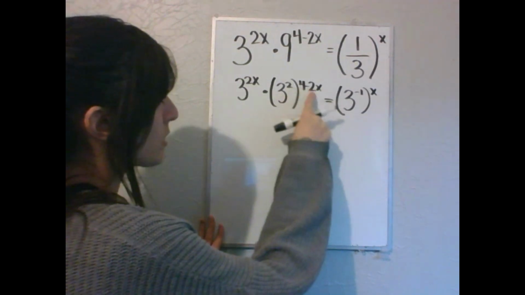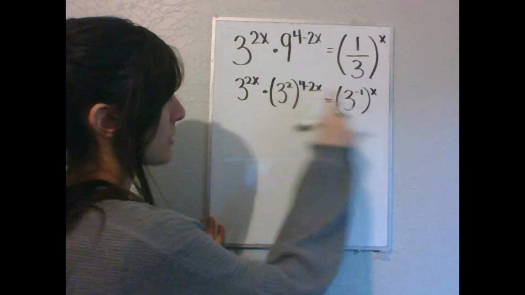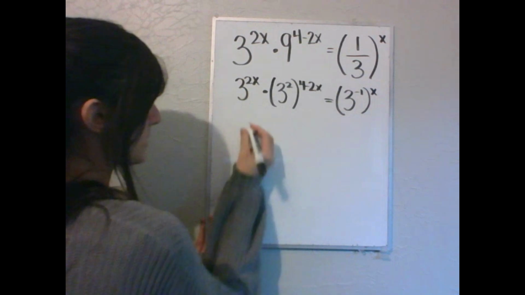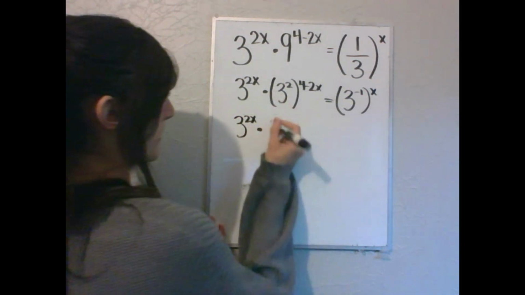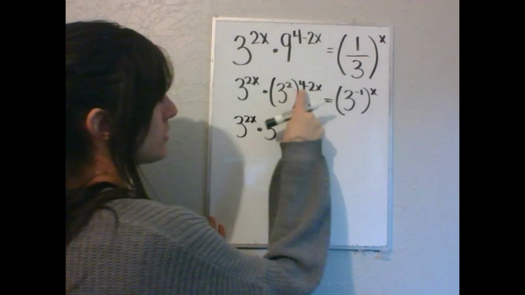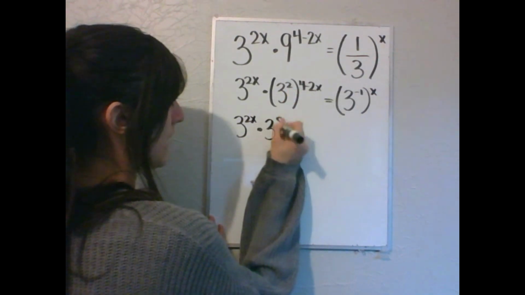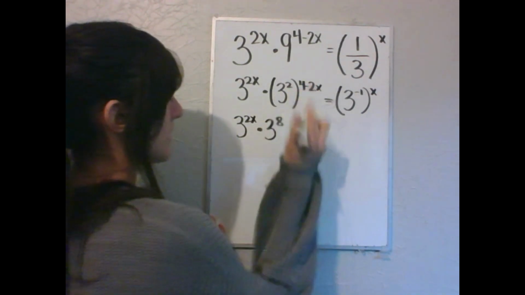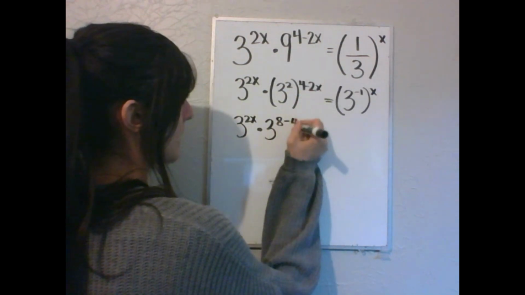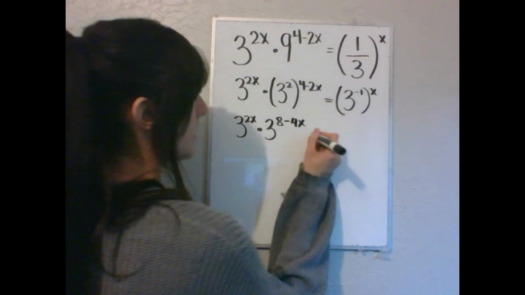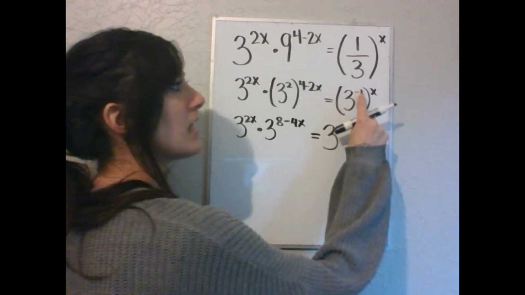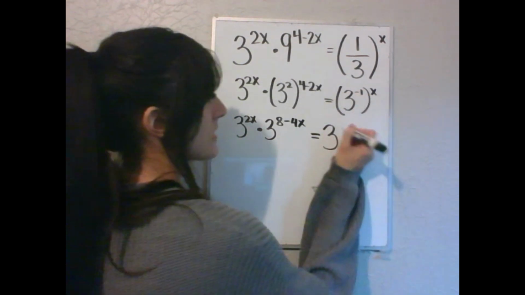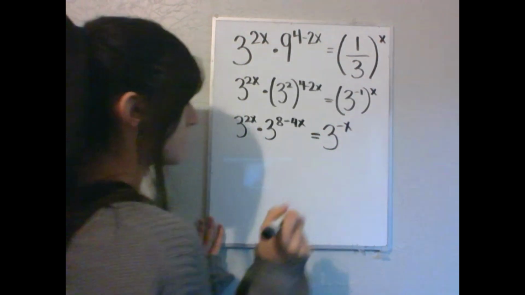Now I'm going to go through and simplify the bases that I've manipulated. So I've got a power to a power. That means I need to multiply these. This one will stay the same. So I've got a 3 to the 2 times 4 is 8. 2 times negative 2x is a negative 4x. On this side, I've got a 3 to the negative 1 times x is a negative x.